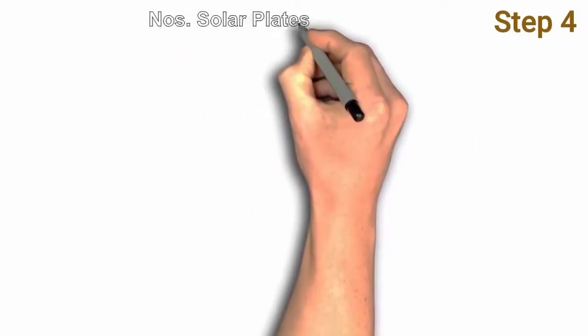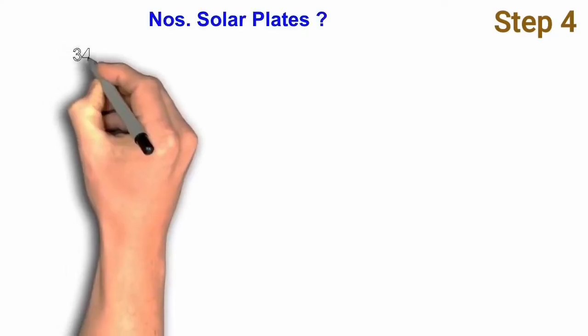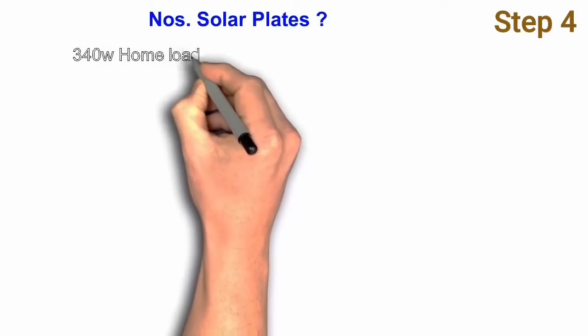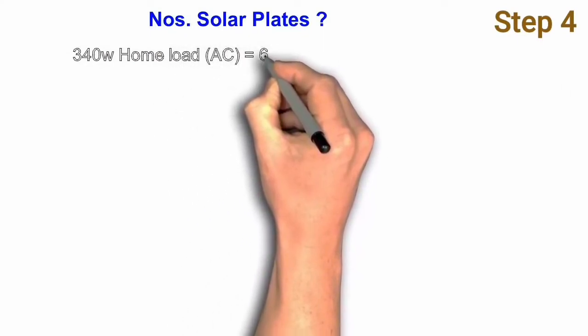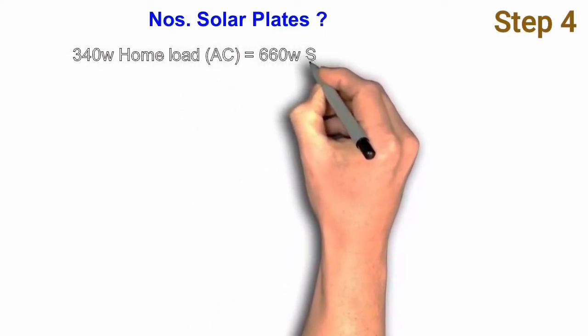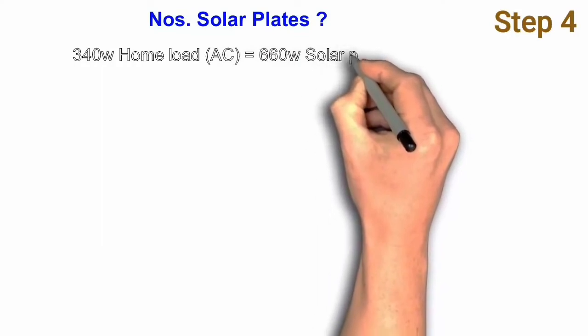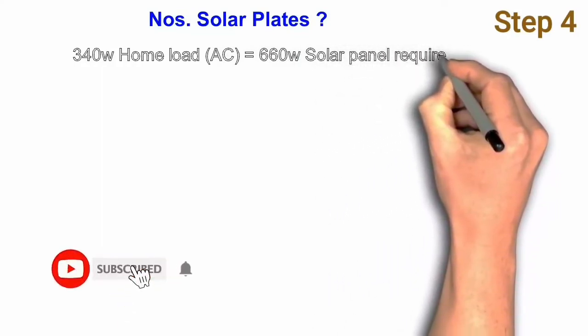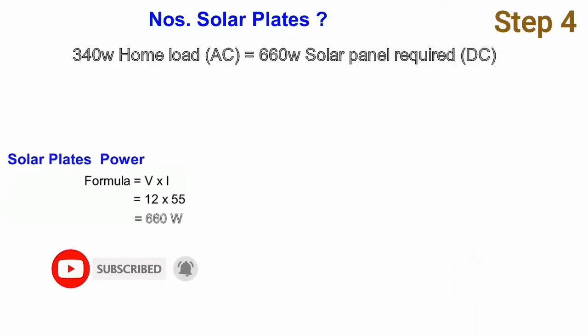But we might not necessarily find a panel with that much capacity of about 660 watt. So we need to break it down into smaller panels, say a combination of 2, 3, or even sometimes four.